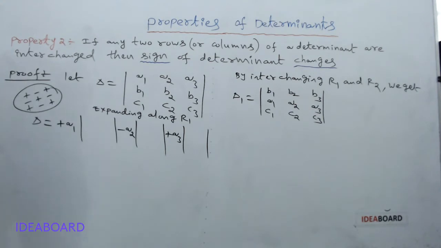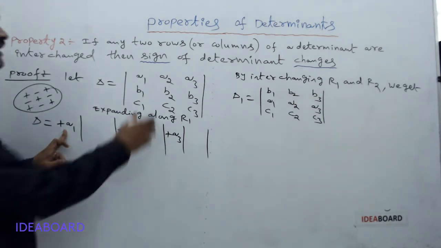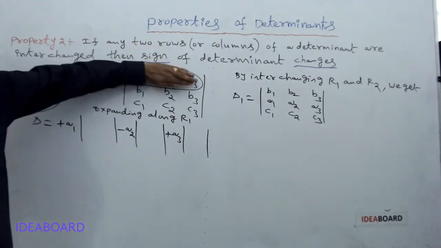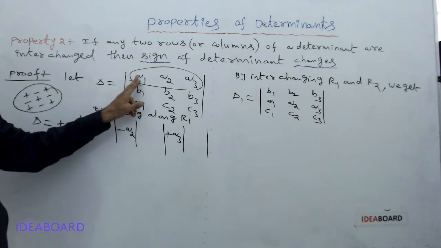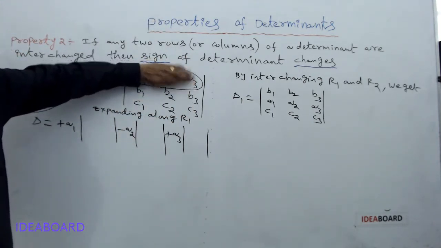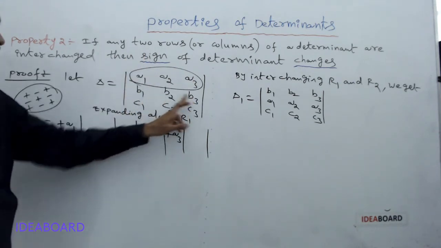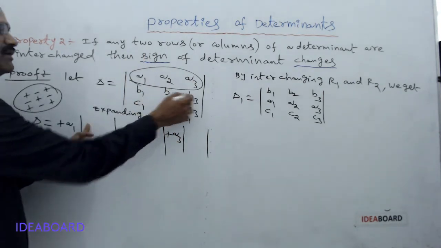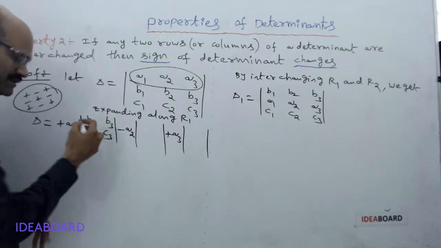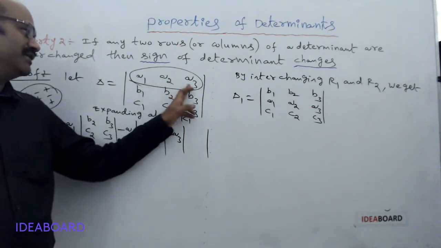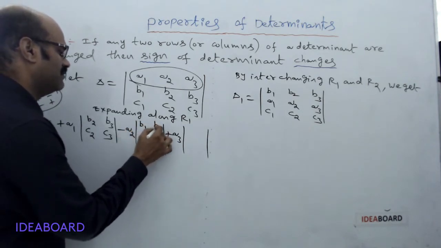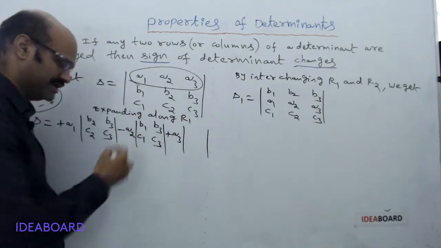Here plus A1 into, we are expanding along R1. By deleting the first row and first column, since the element A1 lies in the first row and first column, the remaining 4 elements are B2, B3, C2, C3. Now minus A2 into first row and second column, so we have B1, B3, C1, C3.